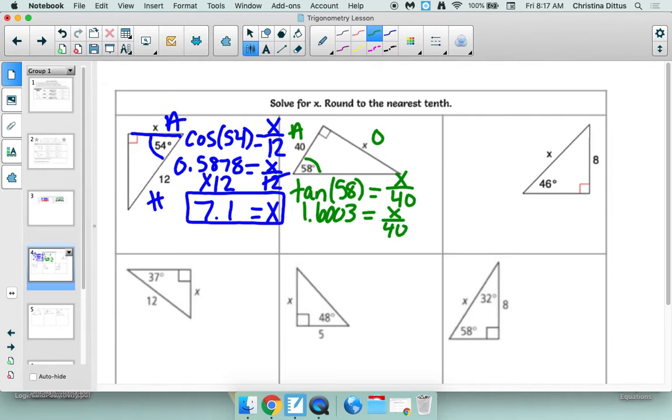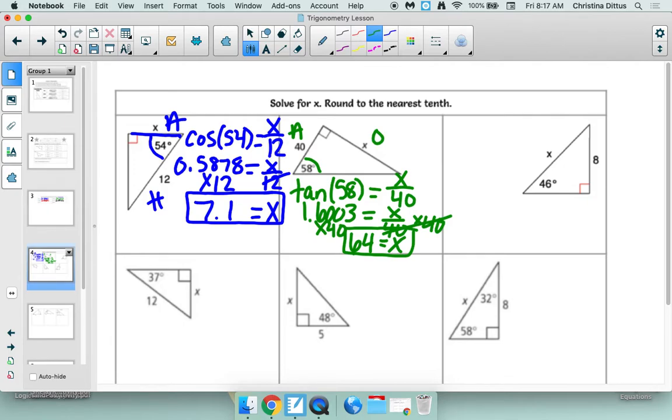How am I going to get x by itself? Times it by 40. And now you can give me 1 spot. What do we get? 64.0, so just 64 is fine. And then kind of ask yourself, does 64 look like it makes sense if this side's 40?